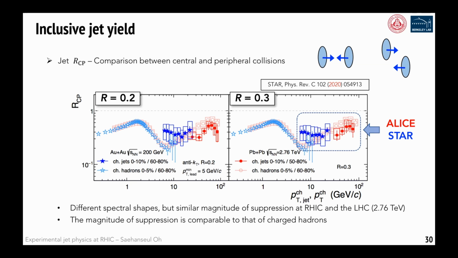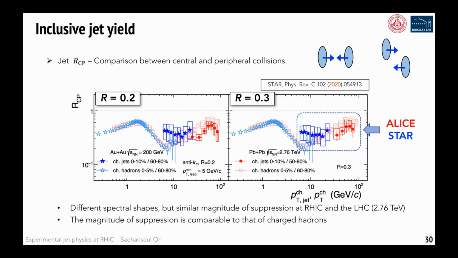I entirely agree with you. It may feel strange, and if you feel that way, I think that is absolutely normal, because I thought the same way at the beginning. But the thing I want to mention first is that if you look at the spectra, not the RAA, the shapes are different between ALICE and STAR.